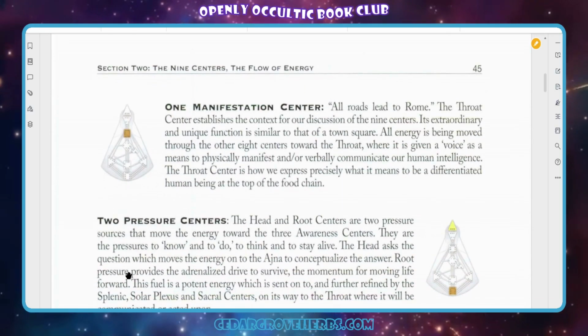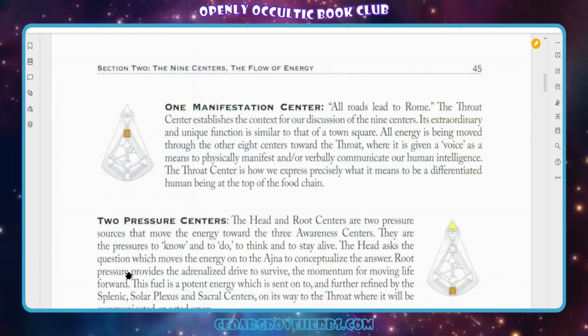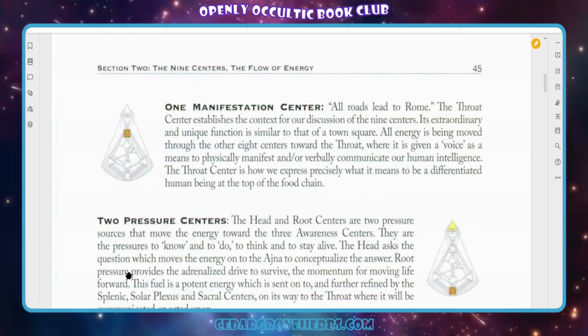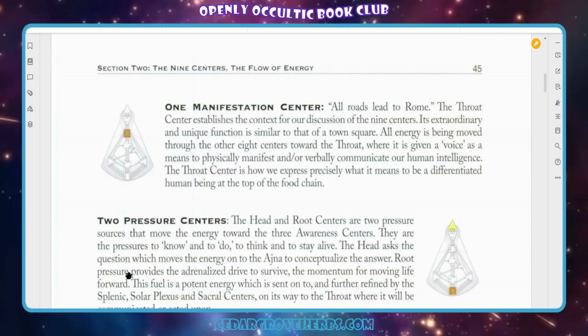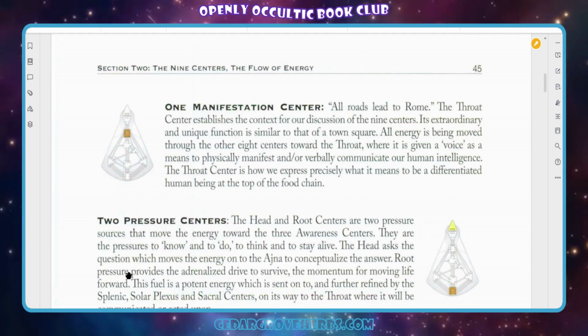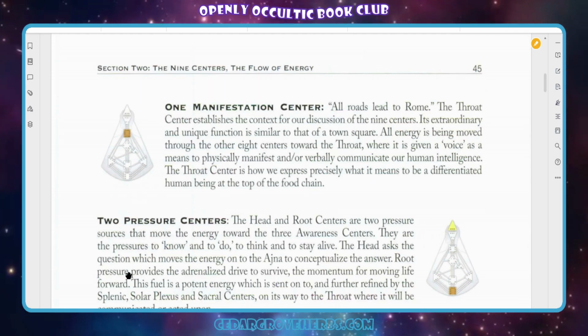1 manifestation center. All roads lead to Rome. The throat center establishes the context for our discussion of the 9 centers. Its extraordinary and unique function is similar to that of a town square.